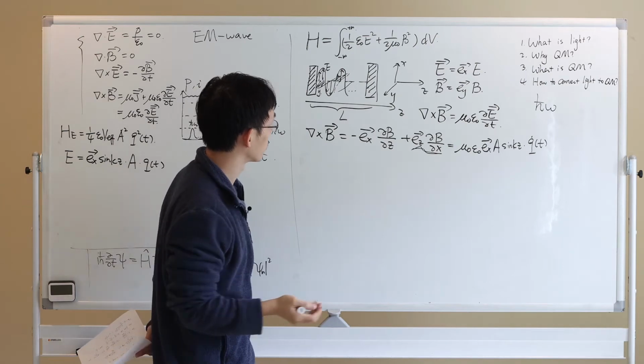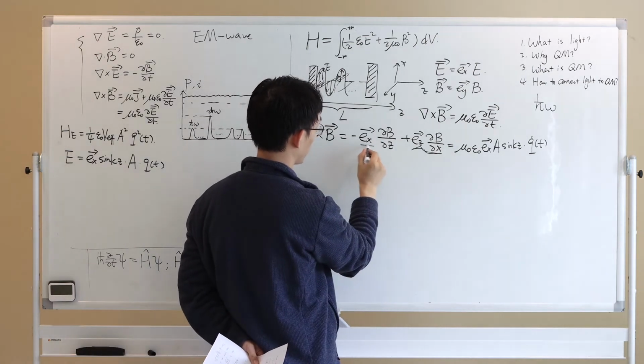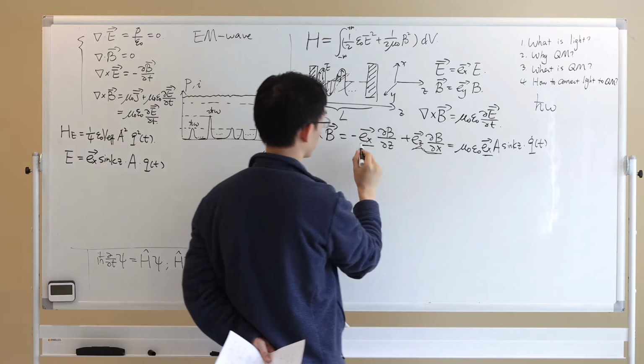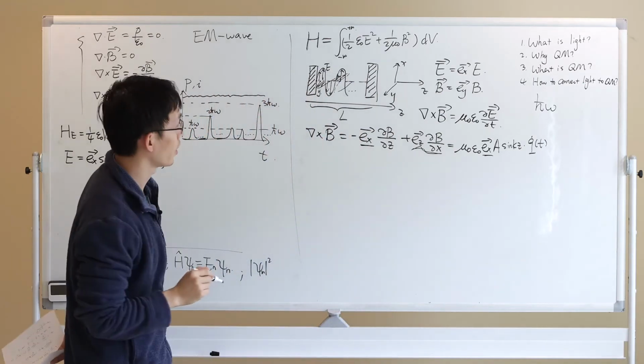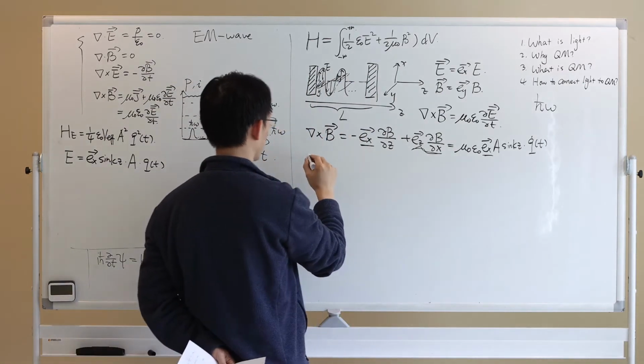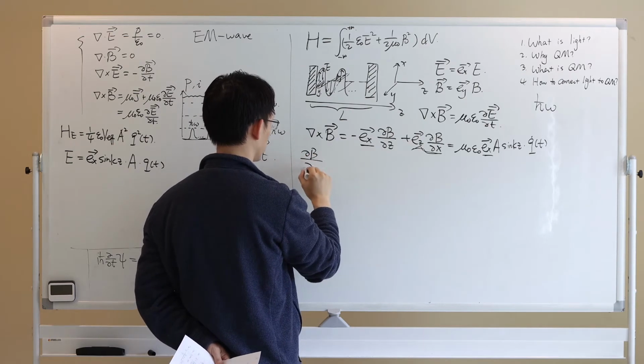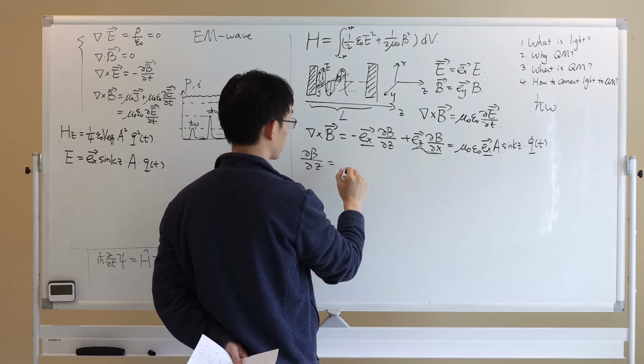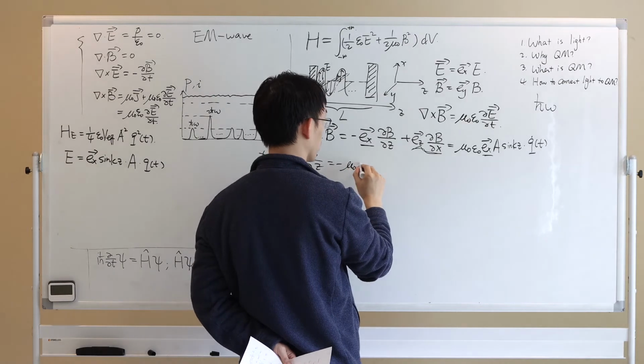And then here the only thing that matters is the ex components, the components pointing to x direction, and here you will get partial b partial z equal to minus sine here.